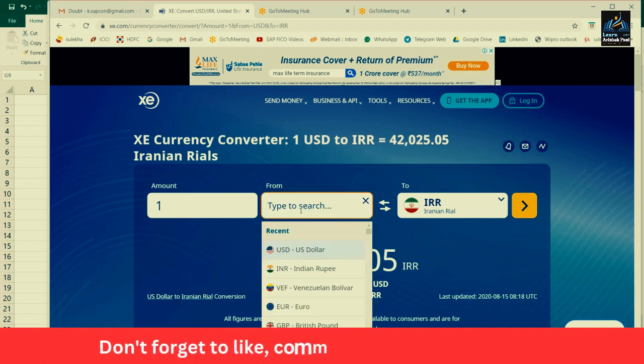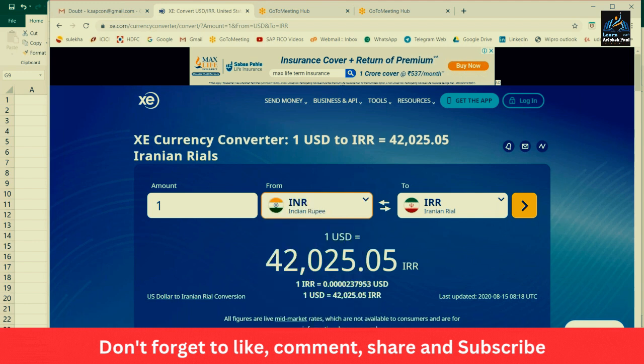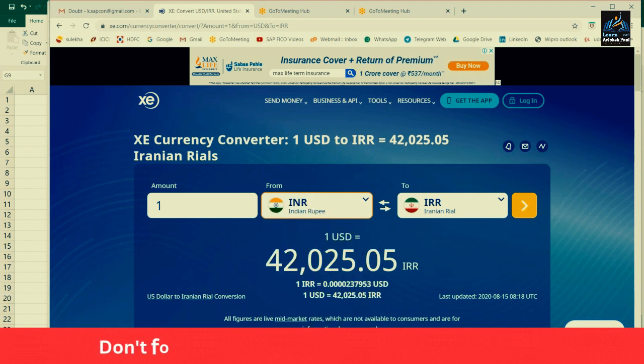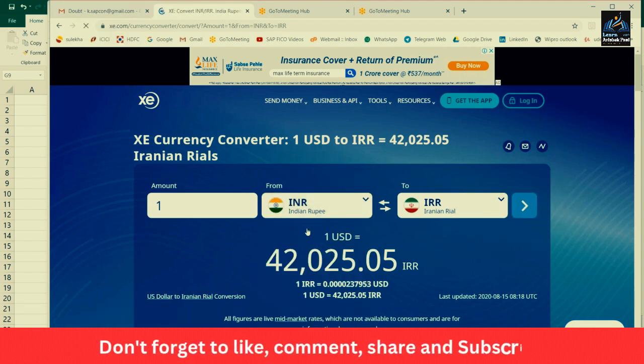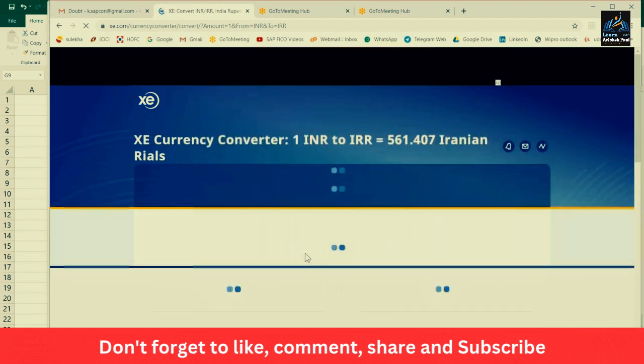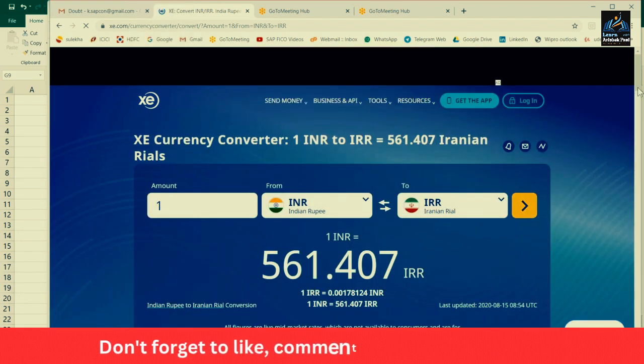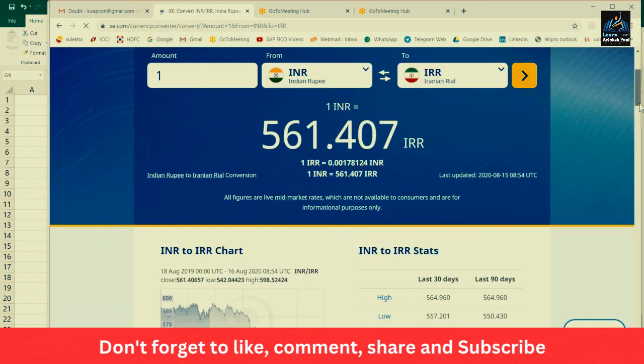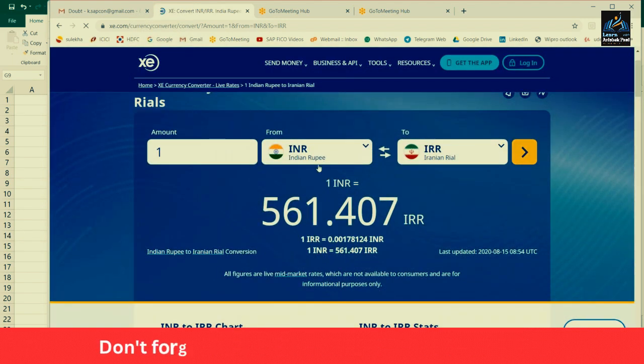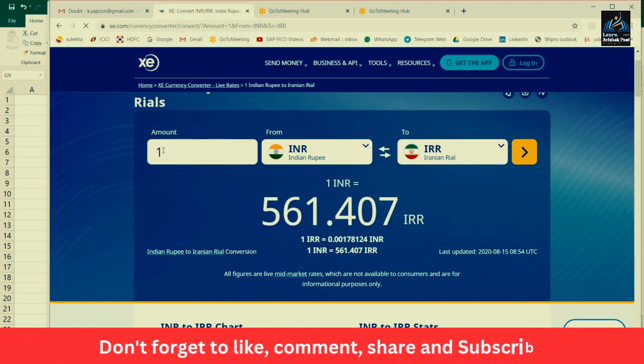Now, if Indian currency is compared with Iranian currency, then here the Indian currency value is higher than the Iranian currency. In this case, look at here, 1 Indian currency equals how much in Iranian currency? 561.